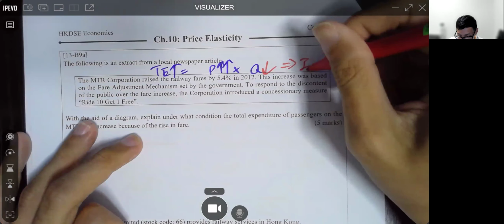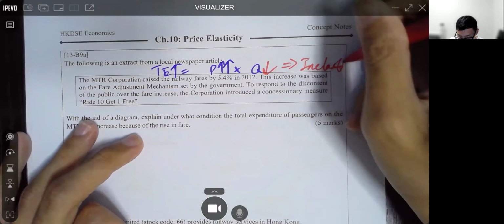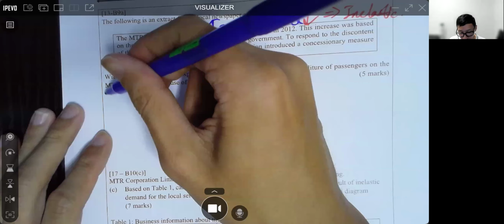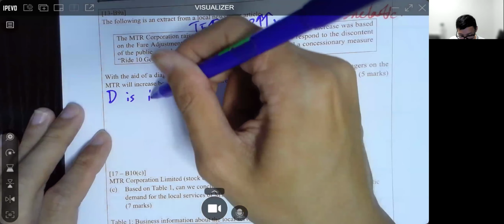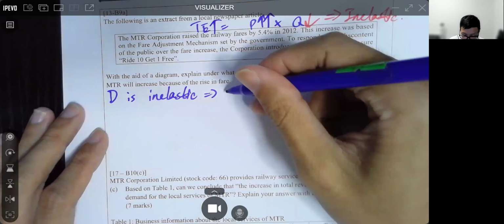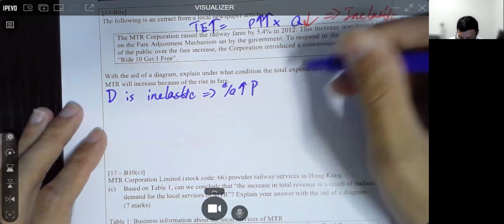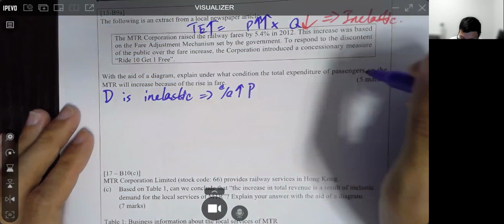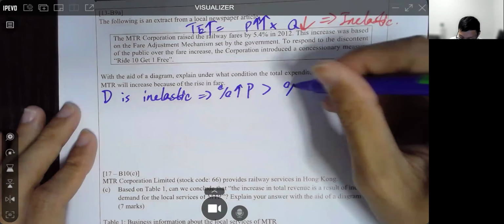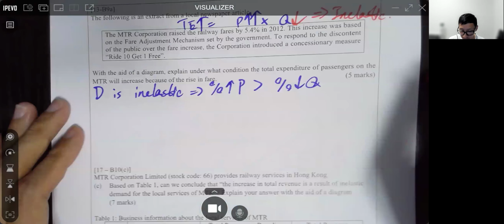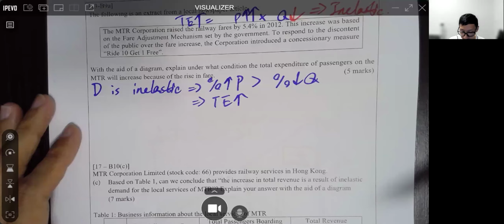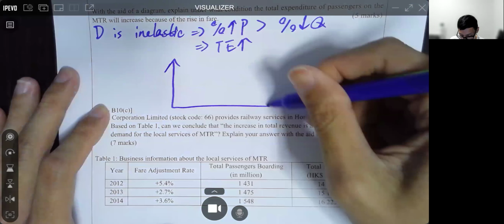This is what we call inelastic demand. Now, therefore, we say when demand is inelastic, then the percentage increase in price would be 咦，佢係升定跌啊？而家要升啊，係啦，will be larger than the percentage decrease in quantity. Therefore, TE would increase.